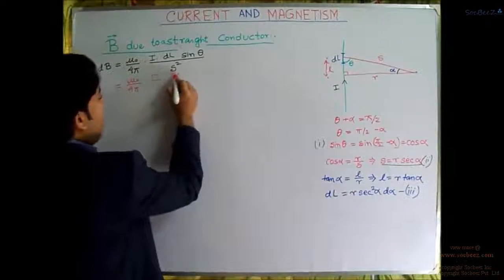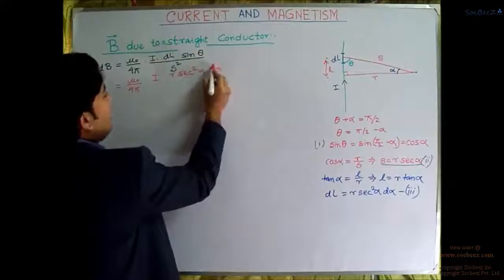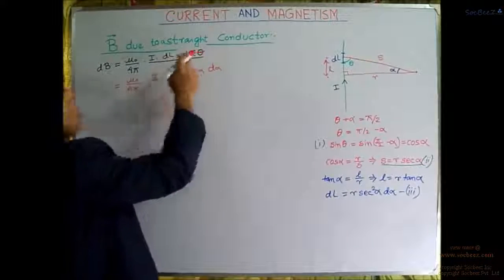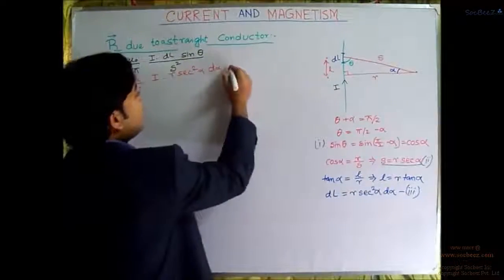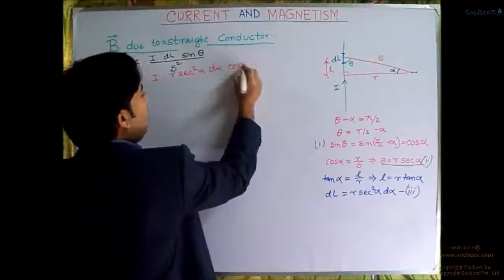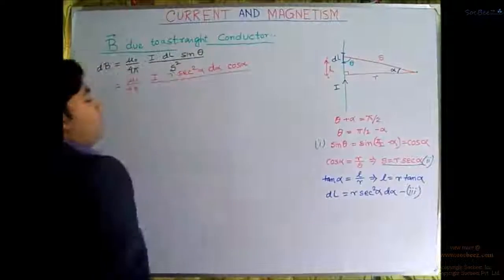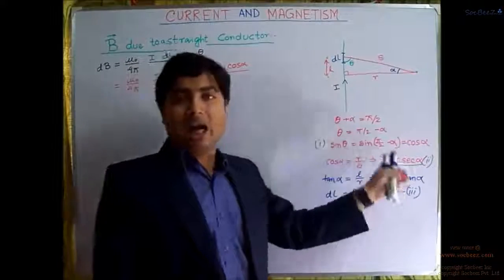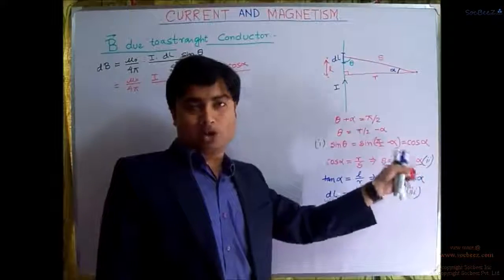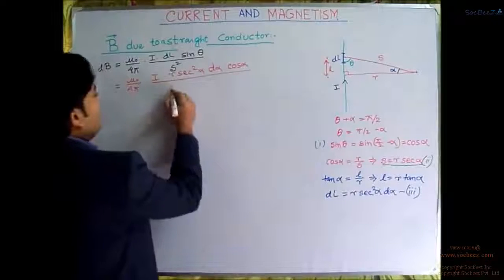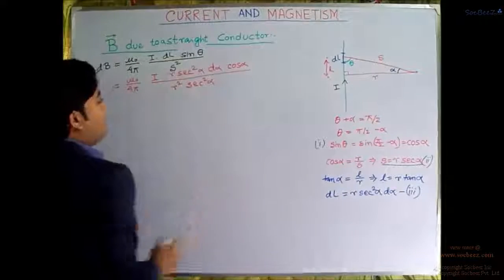It is R sec square alpha d alpha multiplied by, now the sine theta, we can write as cos alpha, multiplied by cos alpha, divided by S square. What can we write S as? R sec alpha. So S square will be equal to R square sec square alpha.